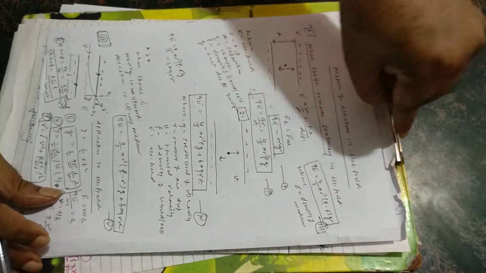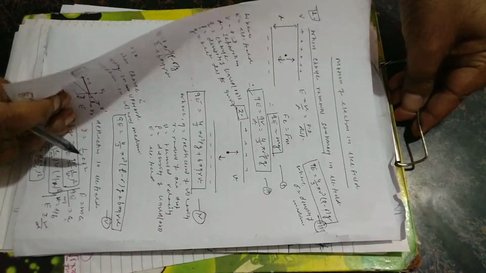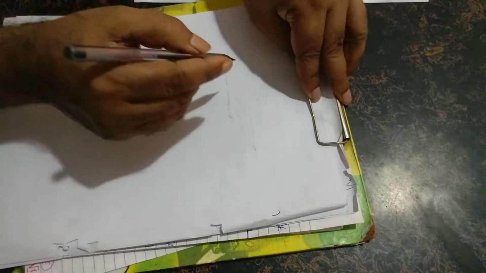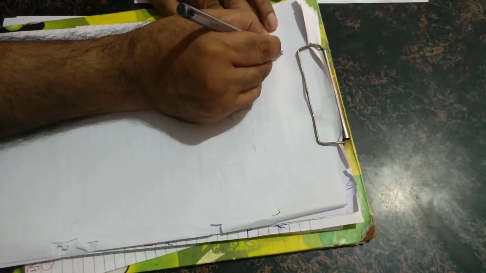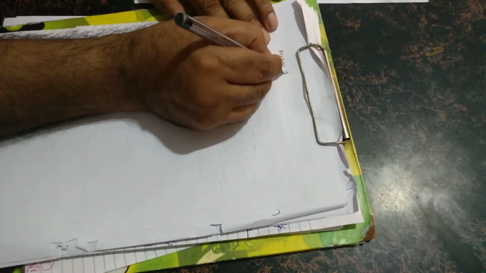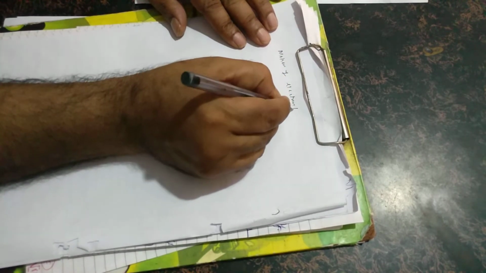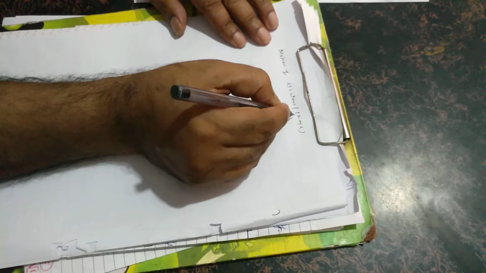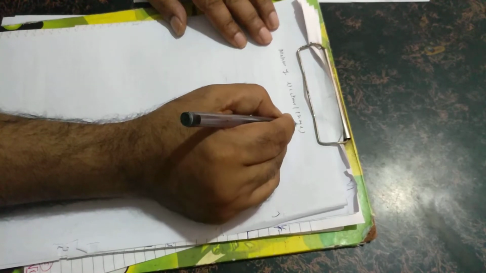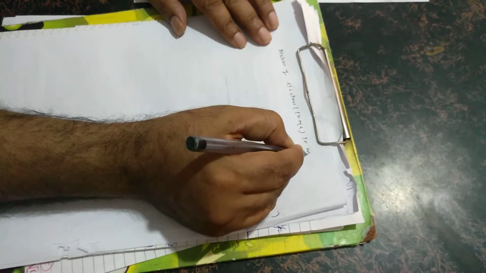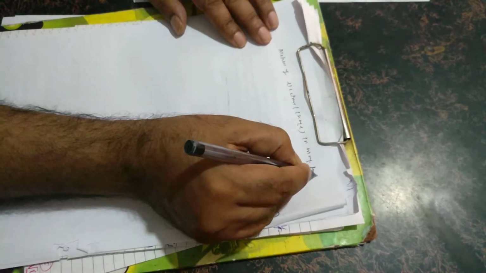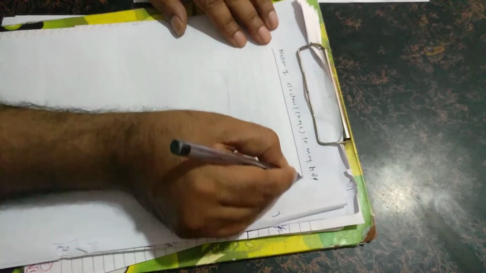And now come to the second. This is the motion of an electron or charge. It may be a proton. Motion of electron or charge in a magnetic field.